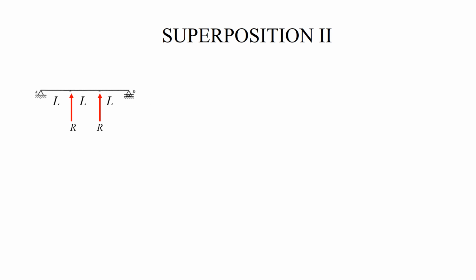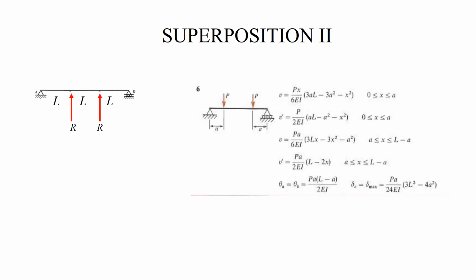The second superposition involves 2 forces R. There is a table for 2 symmetrically applied forces. And this table, as you can see, it has 2 branches. And what I will do, I will use this branch, and B will have the coordinate x equal to A. So here we are.